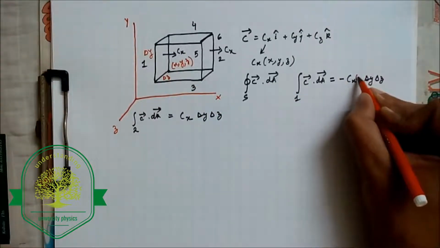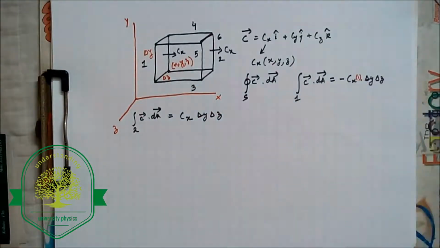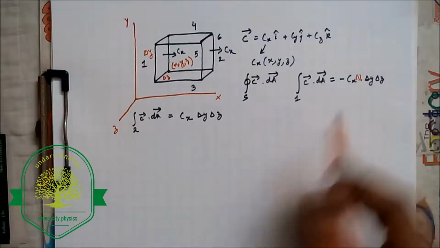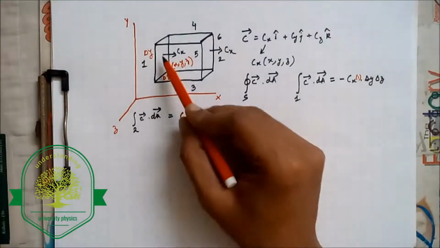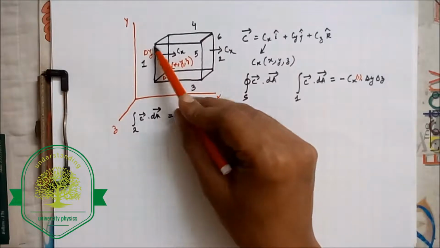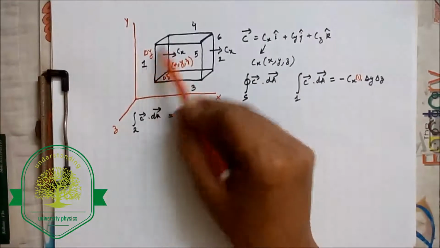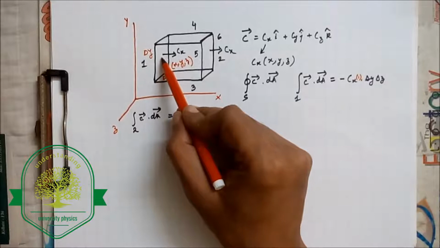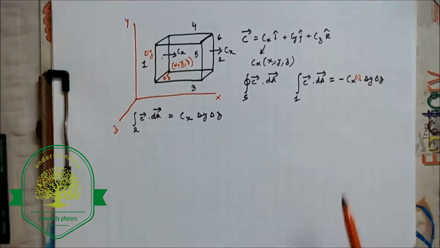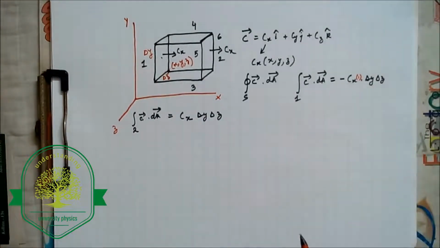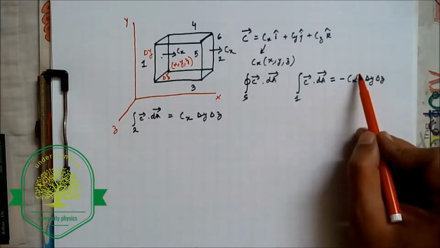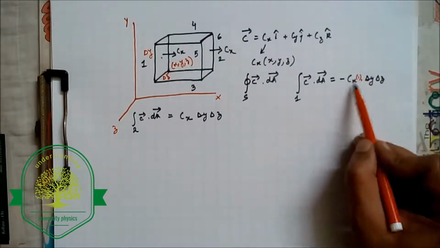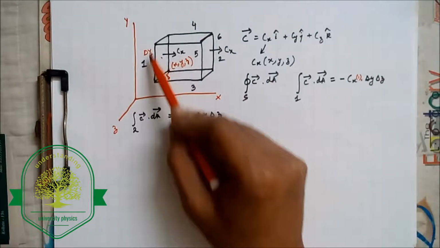So we can say it is Cx at surface 1. Actually we can approximate the values of Cx over this entire surface by the value of Cx which is at the center of the surface. In any case, we call it Cx1, that is the approximate constant value of Cx over the surface 1.